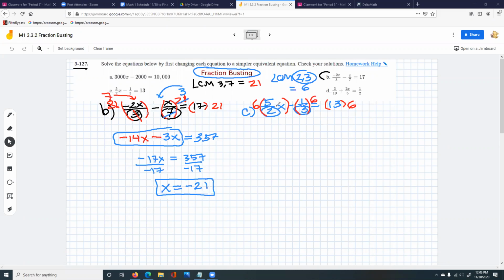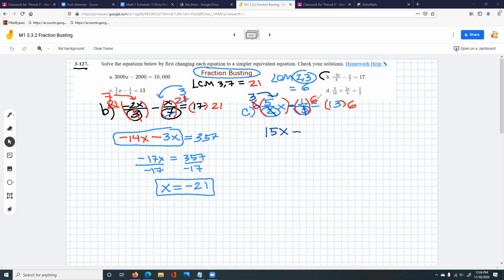Okay, when I multiply this part by 6, let me change my color again. The 2 is going to go into the 6 3 times. And I'm going to get 3 times 5x, which is 15x. See how that worked there? That 2 reduced into the 6, so the denominator went away. Minus, because there's a minus here.